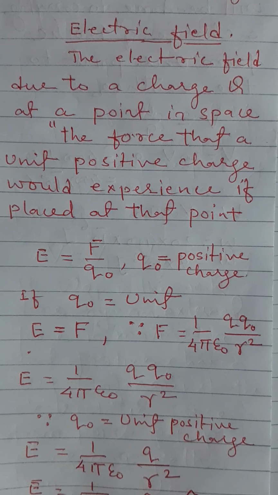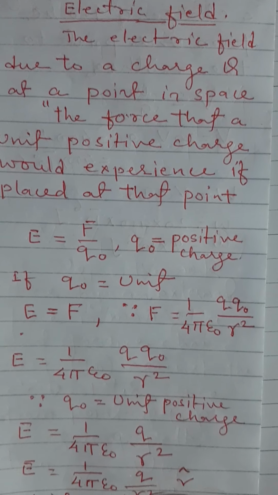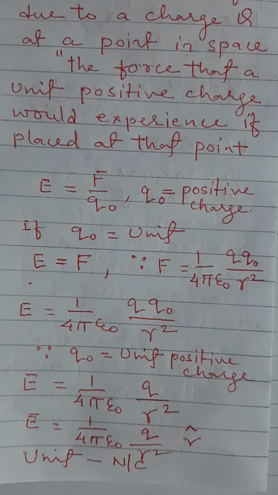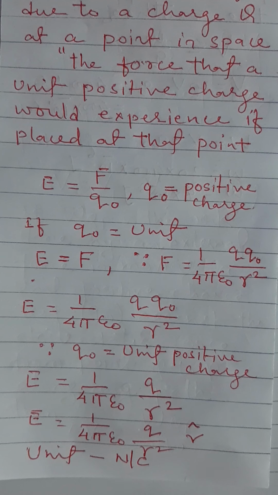Because q naught is unit, the electric field is given by E equals 1 by 4 pi epsilon naught q by r square.